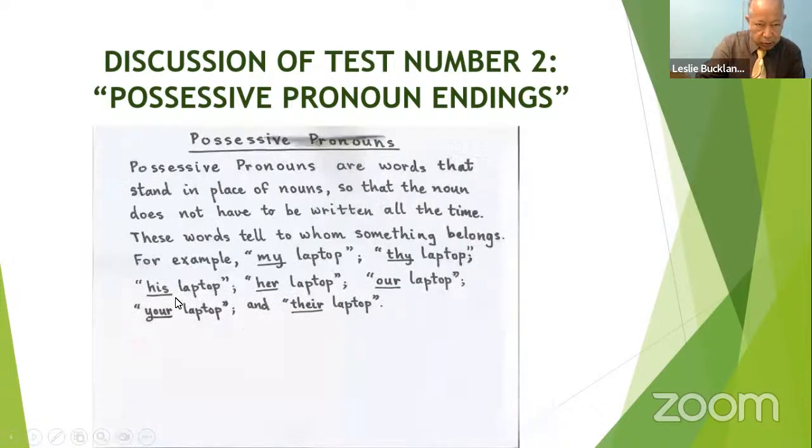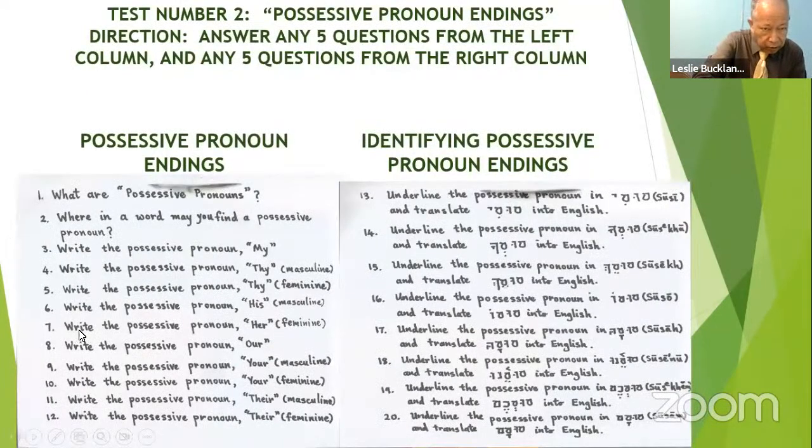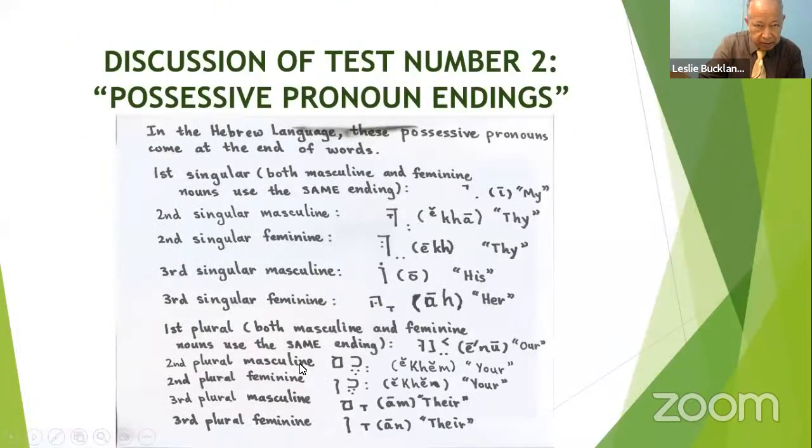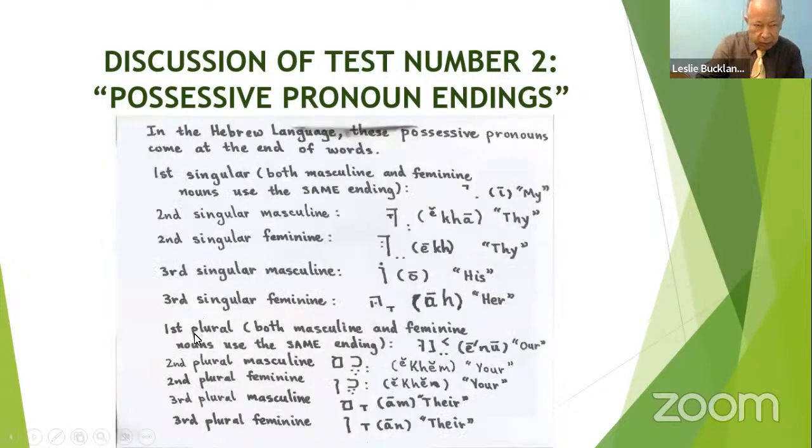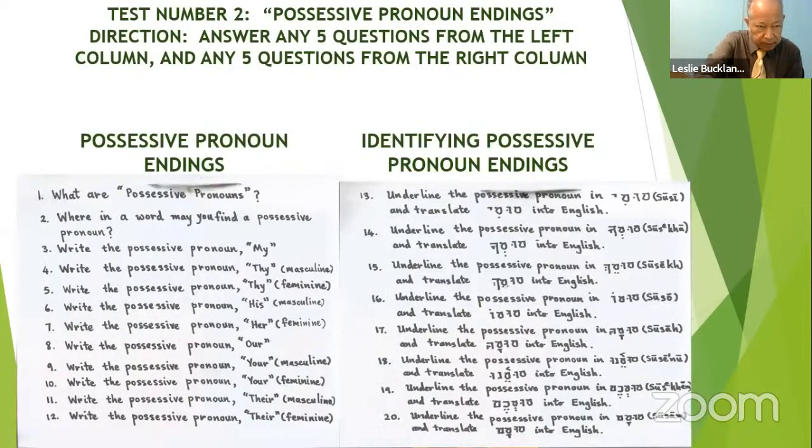Next question, number 9. Write the possessive pronoun your. This is your plural, masculine. Here it is. This is the second person plural masculine pronoun. Ekem, your. You do the same thing with the feminine.